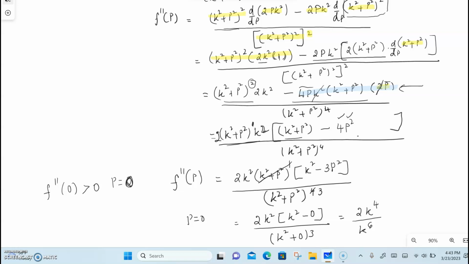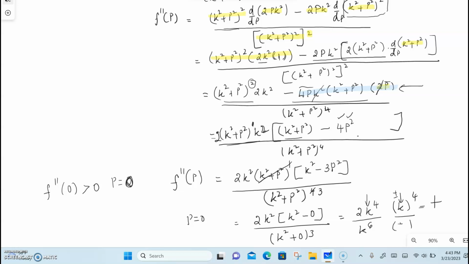So let's think about why this is always greater than 0. No matter what k is, it doesn't matter whether it's a positive number or a negative number, when it's raised to an even power, whether this is positive or negative, your answer is always going to be positive. And the same with the denominator.